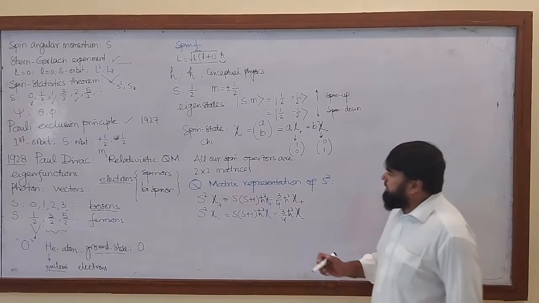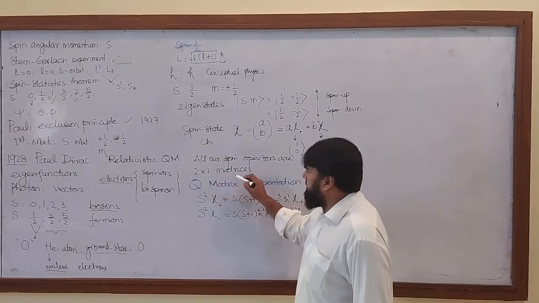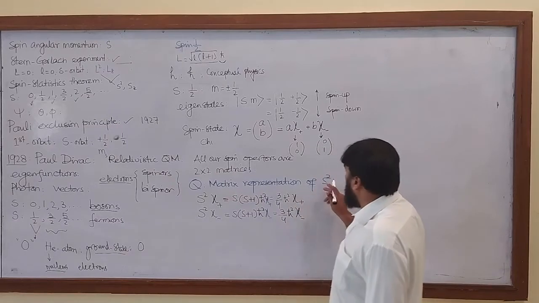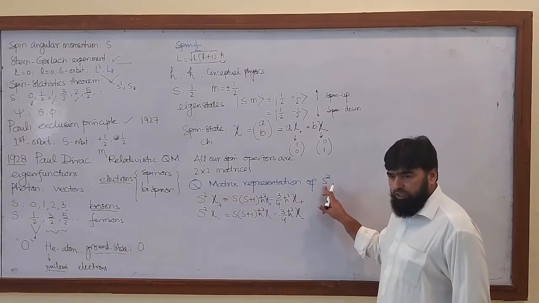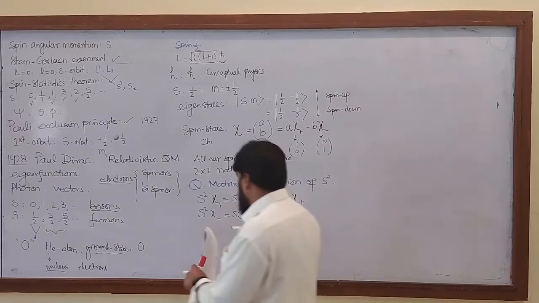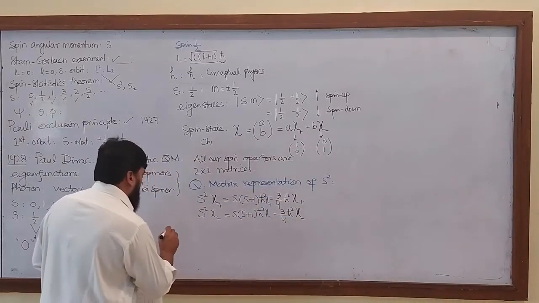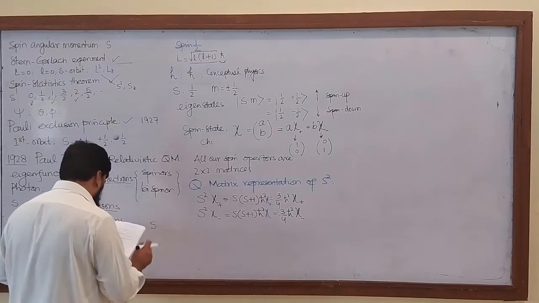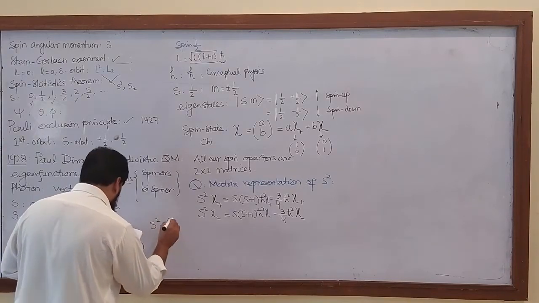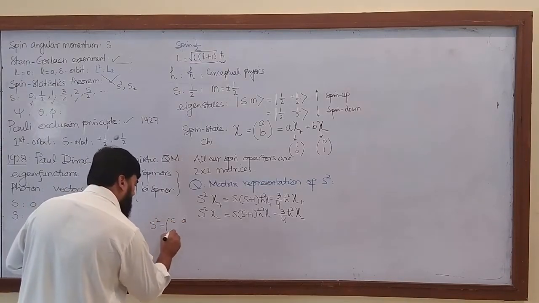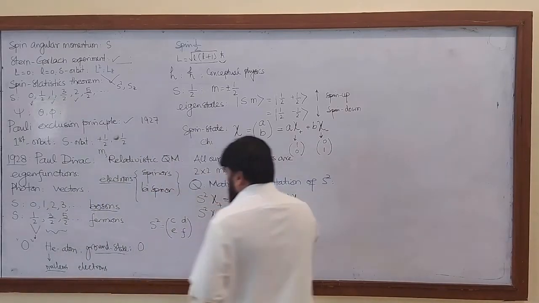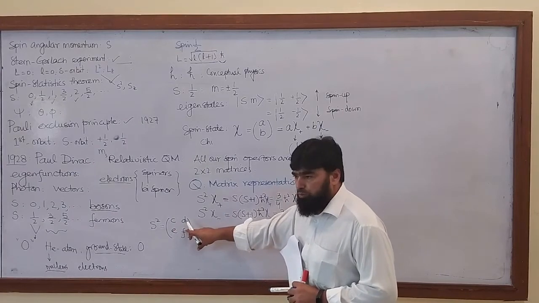Now, as we said, all our spin matrices will be 2 cross 2 matrices, and I want to know the matrix representation or the matrix form of S square. So let me write that our S square operator is a matrix which is C, D, E, F. This is a 2 by 2 matrix.